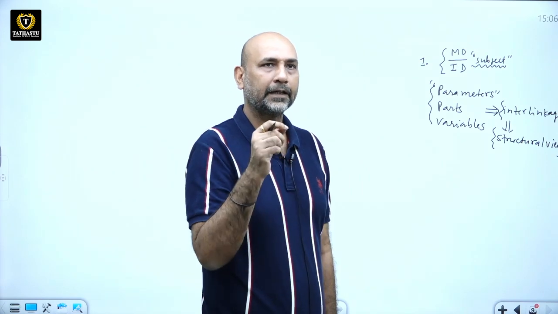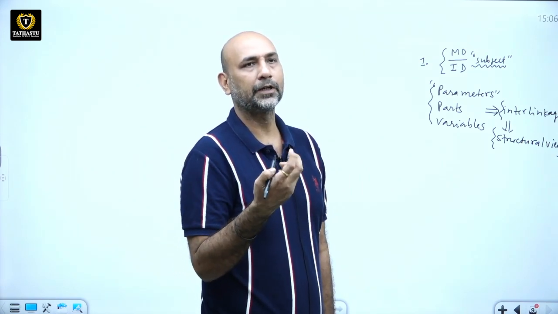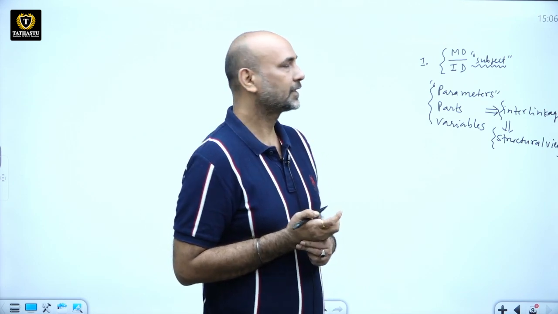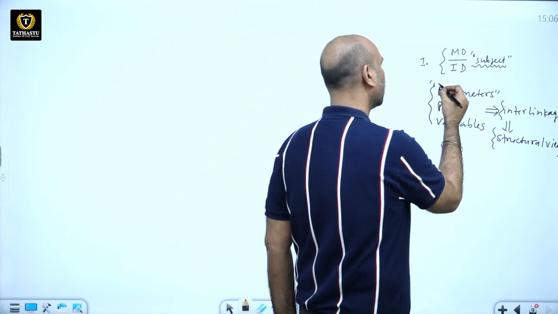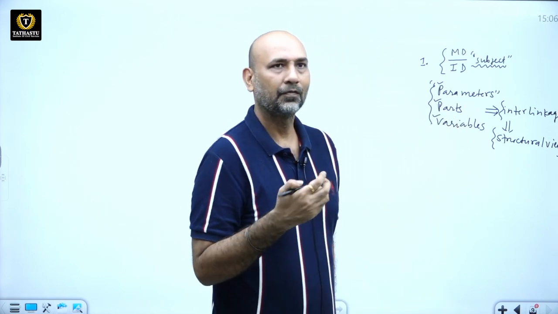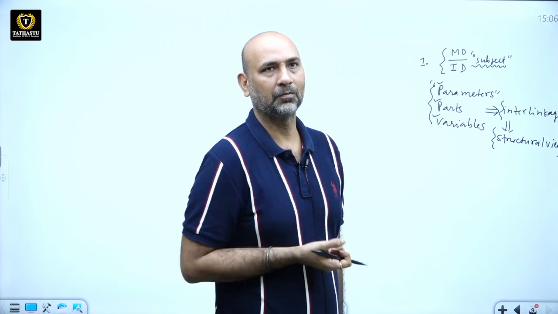And once we identify the structure, understand the structure, then there is no need to memorize. Yes, of course, while we are going through the number of parameters, parts and variables, we need to memorize them. We need to keep them in memory.